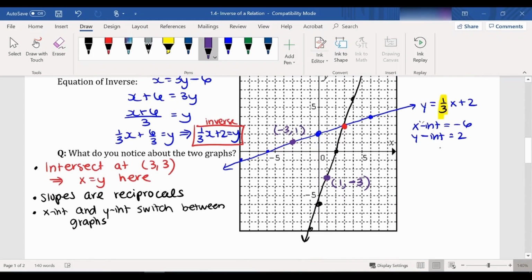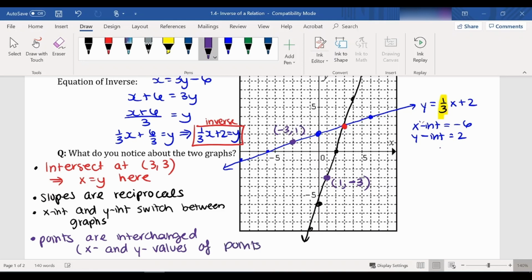Okay. So the points are interchanged. Or the x and y values of points are all flipped for the inverse.